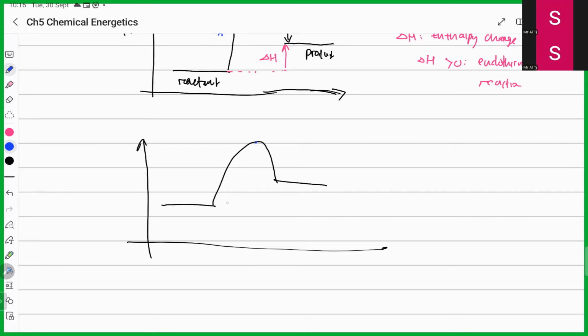Activation energy, hence, is going to be drawn from the level of the reactant up until the maximum. This is the activation energy. And the enthalpy change goes from the level of the reactant, in this case, going up into the product. Don't forget to name the reactant line and the product line.